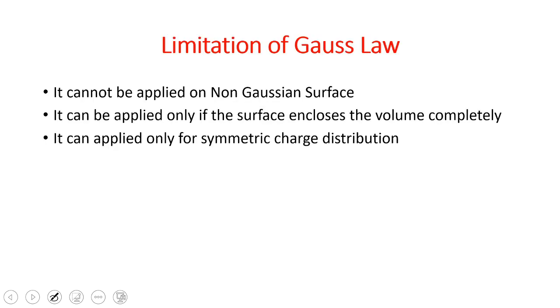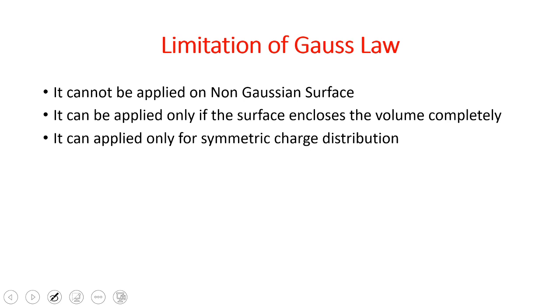What are the limitations of Gauss law? First, it cannot be applied on a non-Gaussian surface. Second, it can be applied only if the surface encloses the volume completely. For partial volume, we cannot find it. Third, it can be applied only for symmetrical charge distribution.